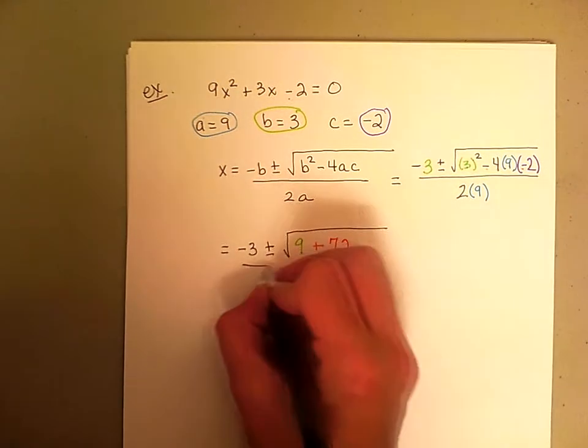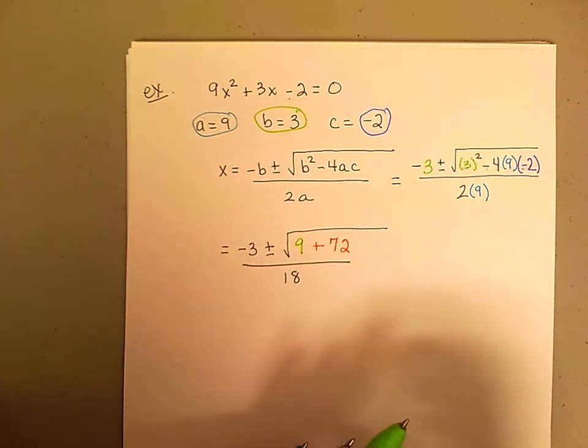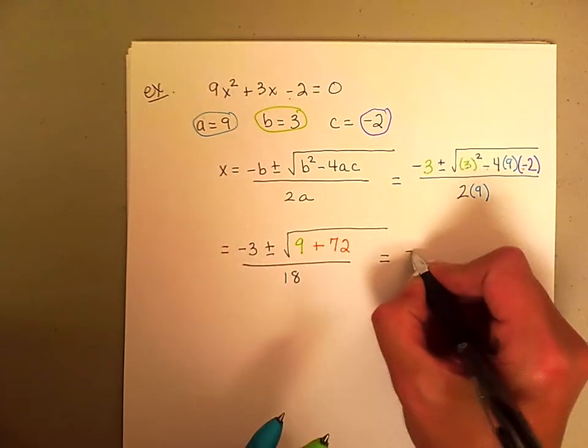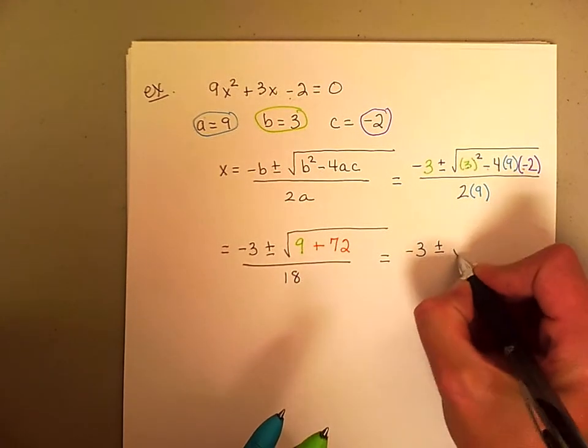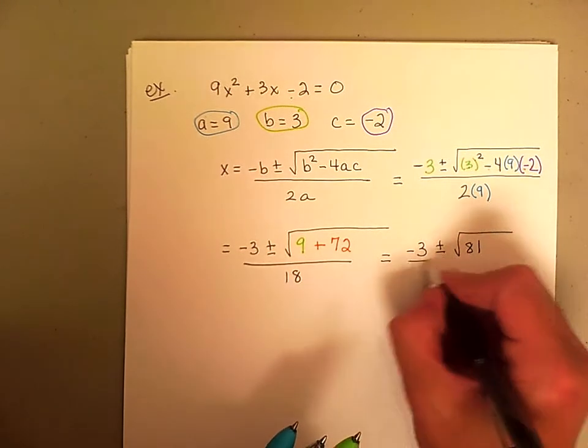And divide that by 18. Continuing to simplify, we have negative 3 plus or minus the square root of 81 over 18.